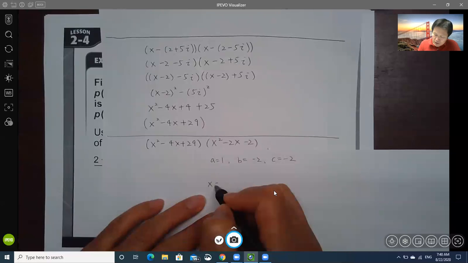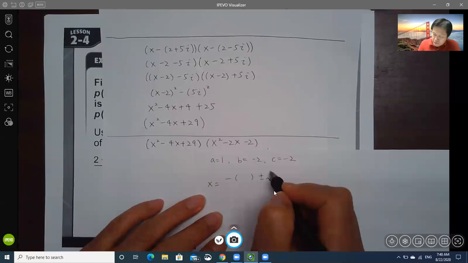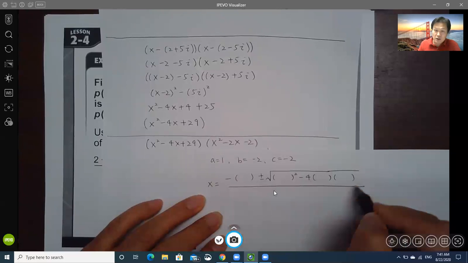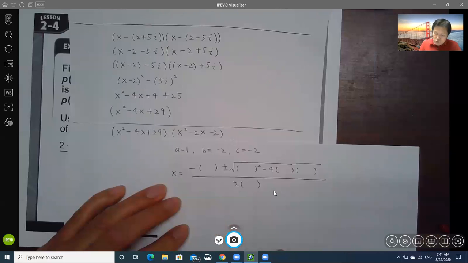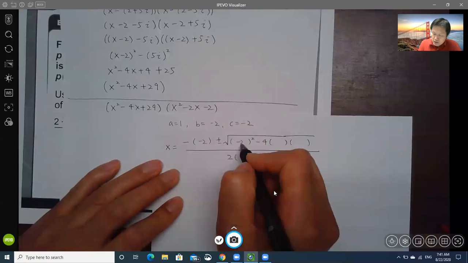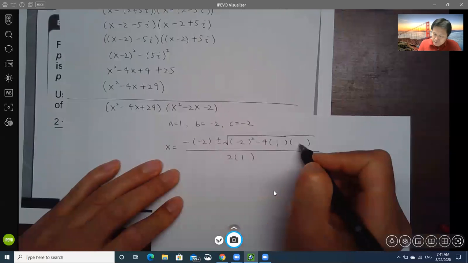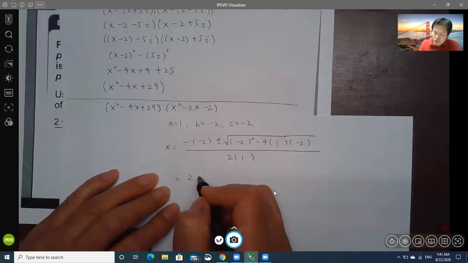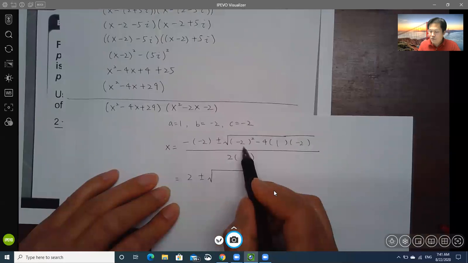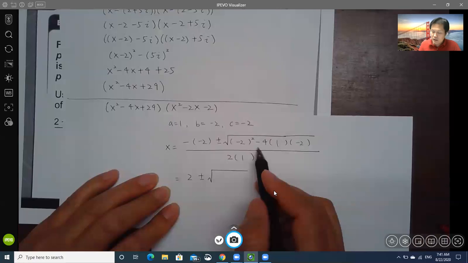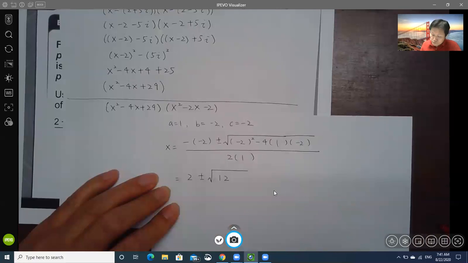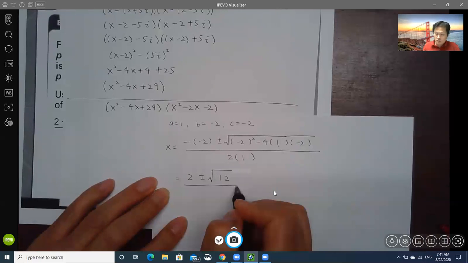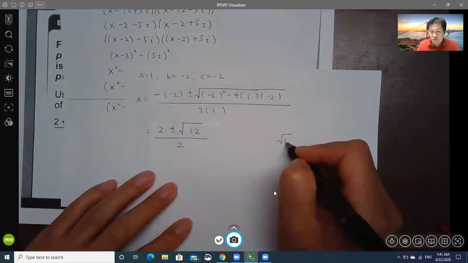So x equals minus b plus or minus the square root of b squared minus 4ac, all over 2a. So double minus is positive, plus or minus the square root of 4 plus 8. 4 plus 8 is 12, all over 2. Okay, square root of 12, you have to simplify.